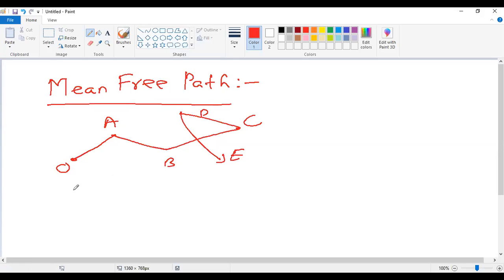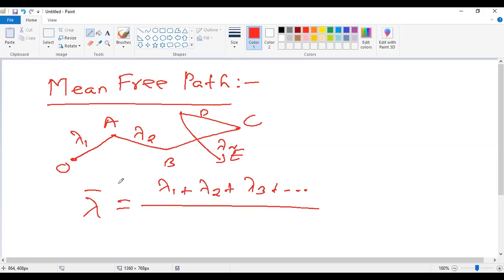For example, O to A, the distance is there, no? That is lambda 1. Again, A to B, lambda 2, up to lambda n. Then the average, lambda bar, equals lambda 1 plus lambda 2 plus lambda 3 and so on, divided by the total number of collisions.